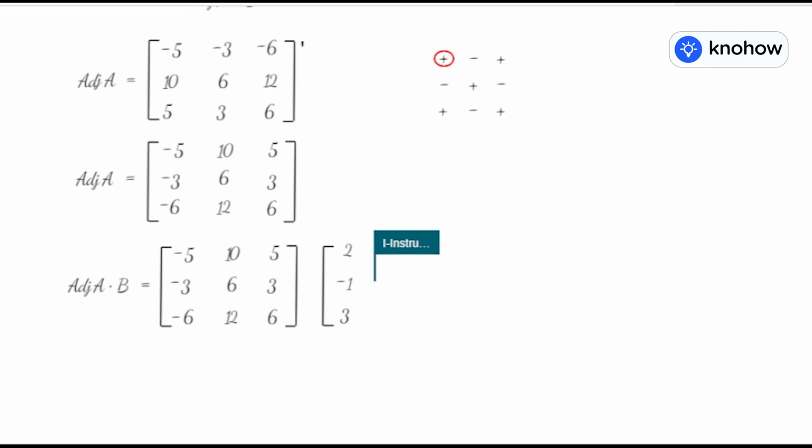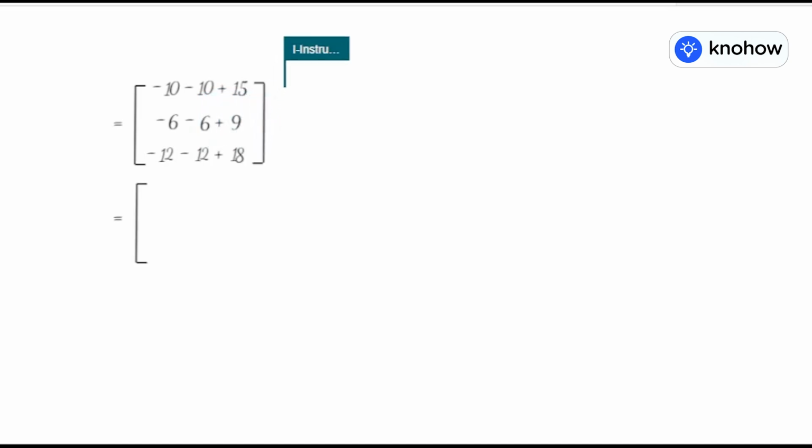Taking the product, you get minus 10 plus 15, and multiplying with the second row, you get minus 6 plus 9, and in the third row you get minus 12 plus 18. So if you work it out, you get minus 20 plus 15, minus 5, and minus 3 and minus 6. Obviously this is not equal to 0.